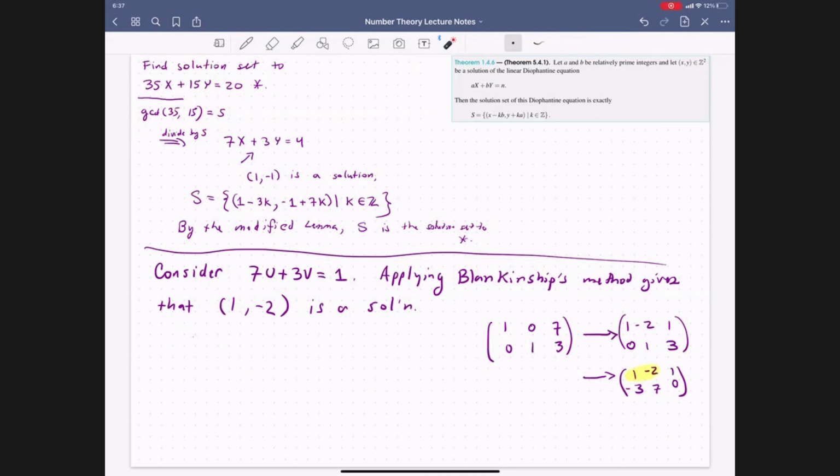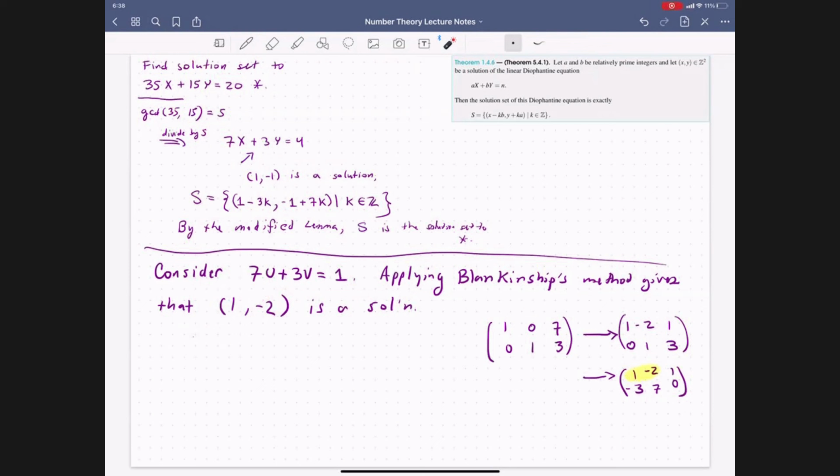Blankenship's method tells us a solution when we have the Diophantine equation equal to the GCD of the coefficients. So specifically, instead of looking at 7x plus 3y equals 4, Blankenship will tell us a solution to 7u plus 3v equals 1. And in this case, if we apply Blankenship, which I have done down here, we will see that the solution is 1 comma negative 2, and so that's a solution to this here.